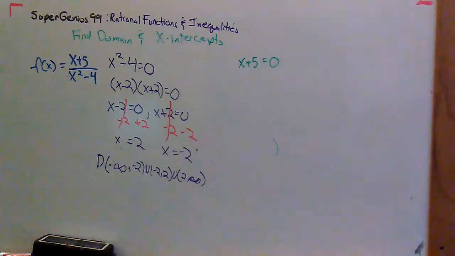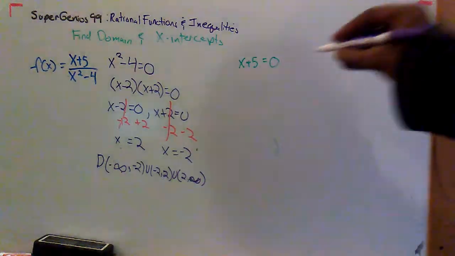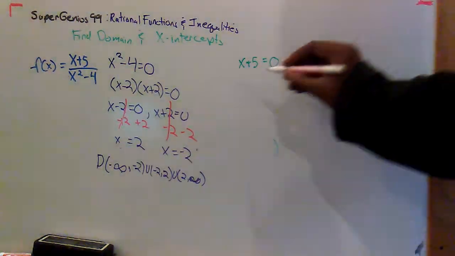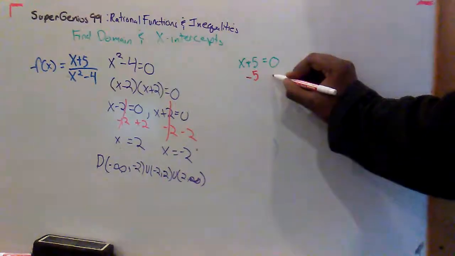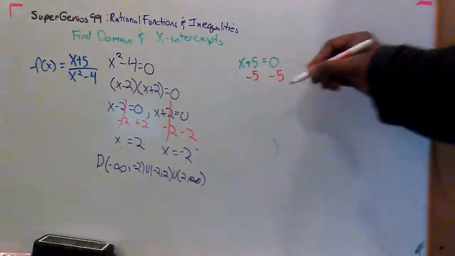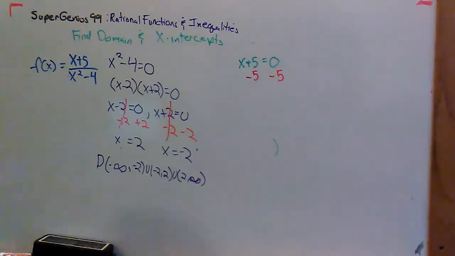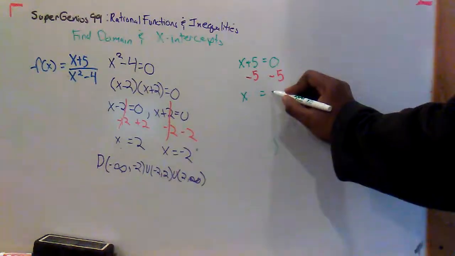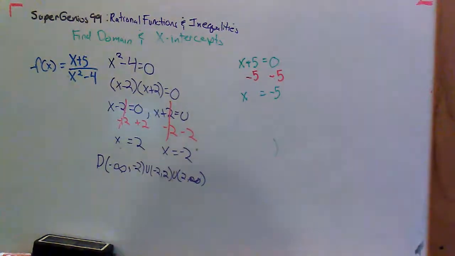Subtract x on both sides. Sorry, subtract 5 on both sides. Okay, and then you're left with what? So that's the x value of our x-intercept. So how do you figure out what is the coordinate?